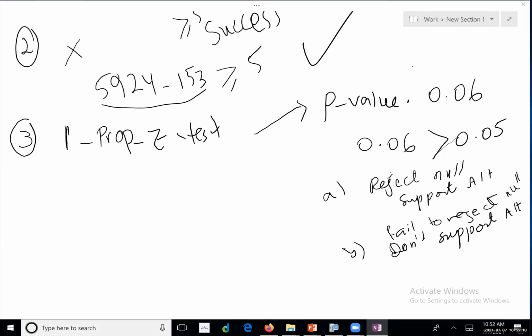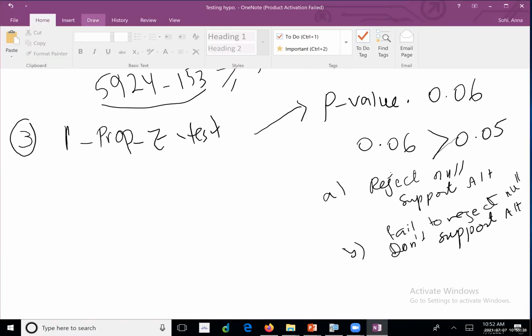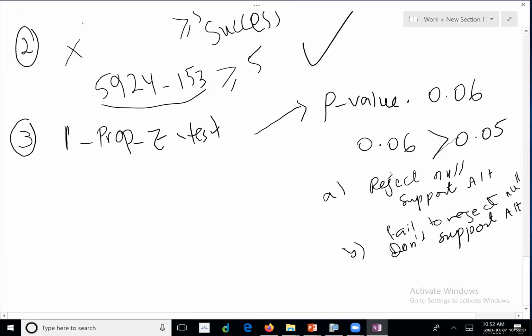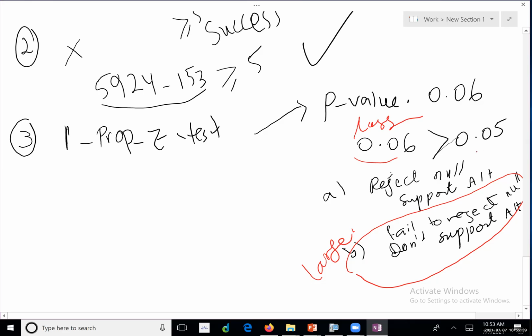Which one is the case? Very nice. Many of you are responding correctly. So that is fail to reject the null. And again, that's associated with a large p-value. So the p-value is large because it's greater than 5%.